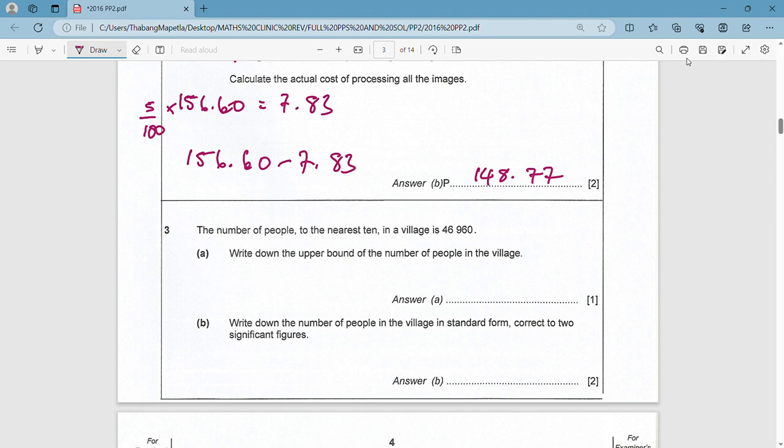So it's saying to the nearest 10, therefore the error is going to be 10 over 2, which means our error is 5 people. So we calculate the upper bound, we are simply going to add 5 there. So 46,960 plus 5 gives 46,965.